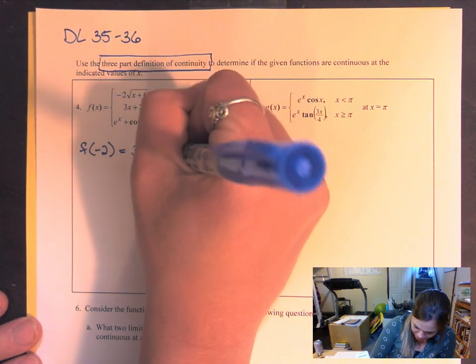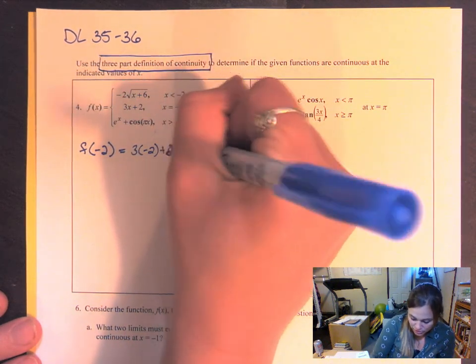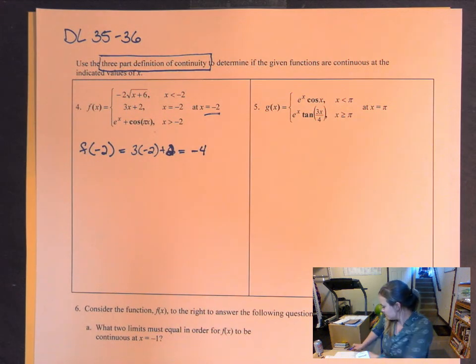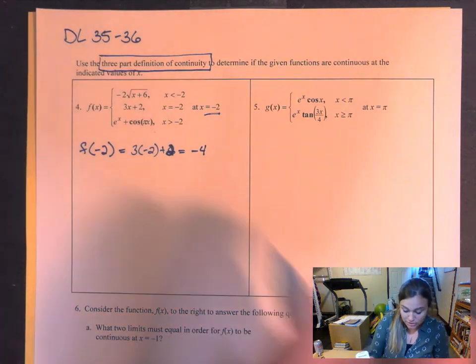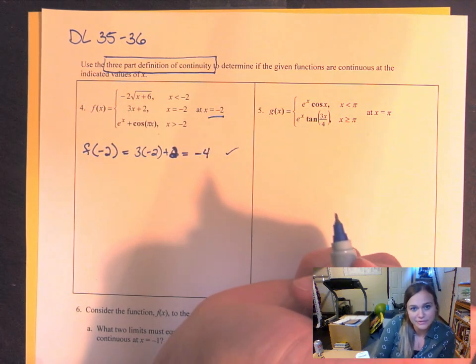I wrote plus 6. Shouldn't have done that. 3 times -2 is -6. Plus 2, I get -4. And then I see, sorry, I kind of moved some stuff around here. I got -4, so the function is defined. So, woo! First thing is true. And if you want to write the function is defined at -2, you can.